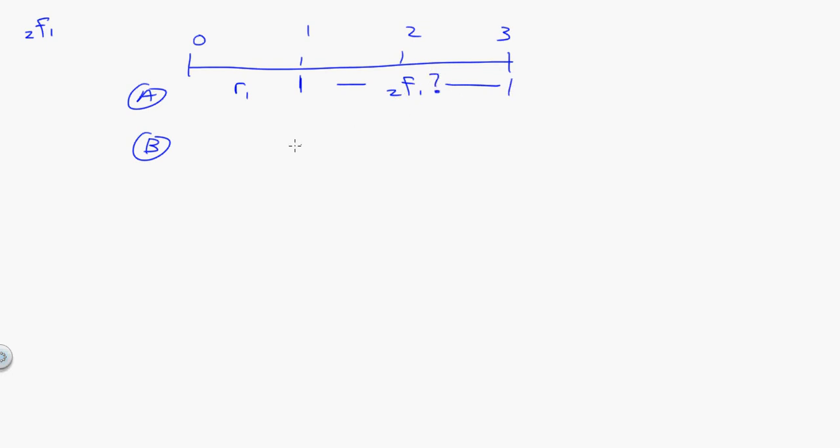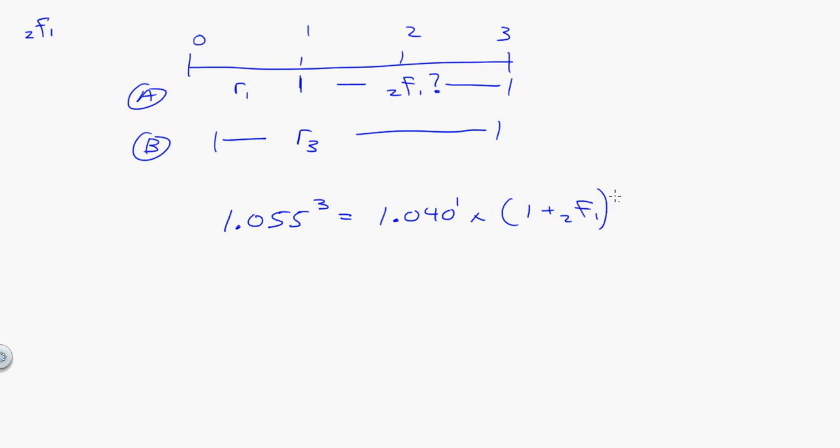Option B is I invest for the entire 3 periods at a rate I know. So the 3-year rate is 5.5, so I can invest at 5.5% for 3 periods, or I can invest at the 1-year spot rate for 1 period and then reinvest for 2 periods at some unknown rate.